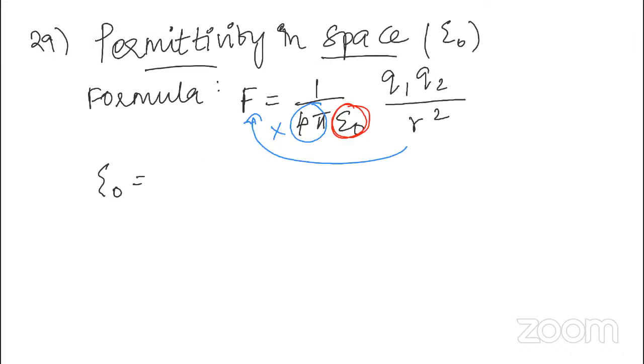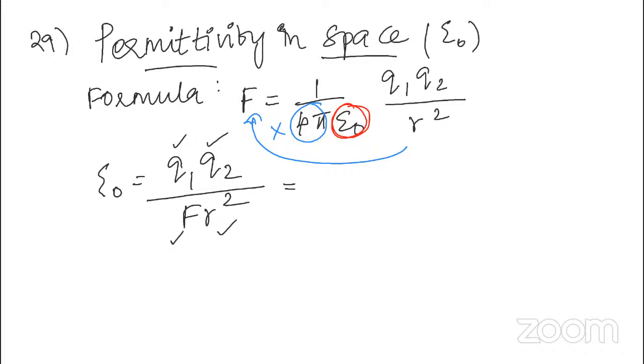Okay, here Q1 Q2 by F R square. Okay, so by cross multiplying all these values, epsilon naught is equal to Q1 Q2 divided by F into R square. Okay. So now write the dimensional formula.